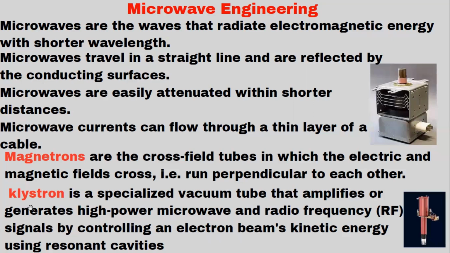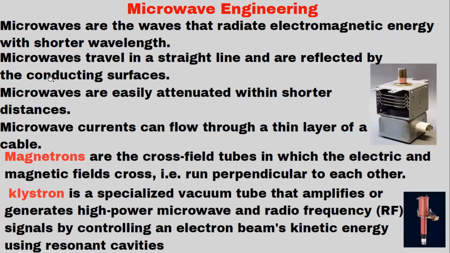There is another part called a klystron. It is a specialized vacuum tube that amplifies, that is for amplification purpose, to increase the speed and intensity of a microwave, using resonant cavities to control an electron beam's kinetic energy. Okay, so magnetrons and klystrons are important parts used in microwave energy.